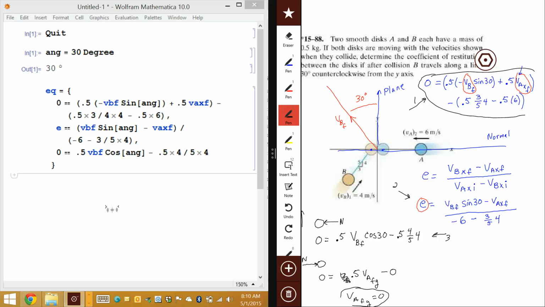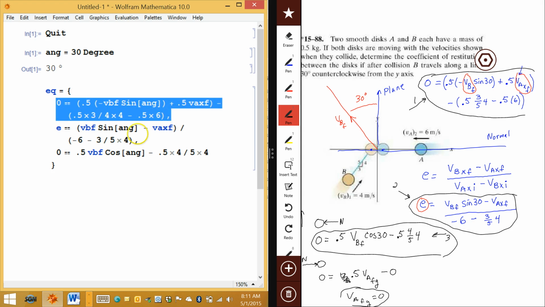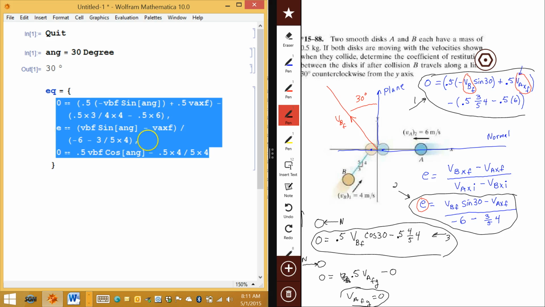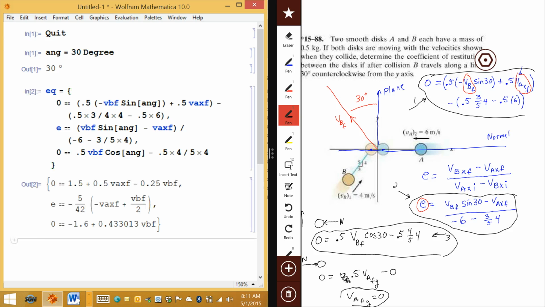And then comma, here comes the second equation, which is this one right here. And then the third equation, which is that one right there. So what I'm going to do is execute that. So I hold down Shift and hit Enter, and so it tells me what my equations are.